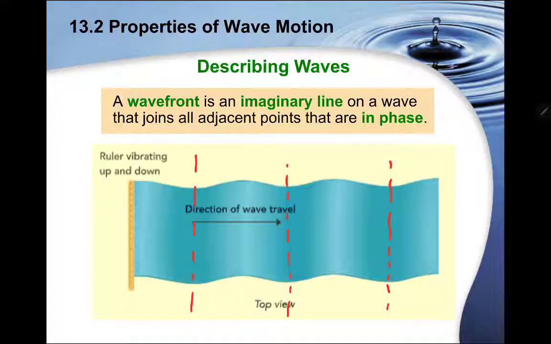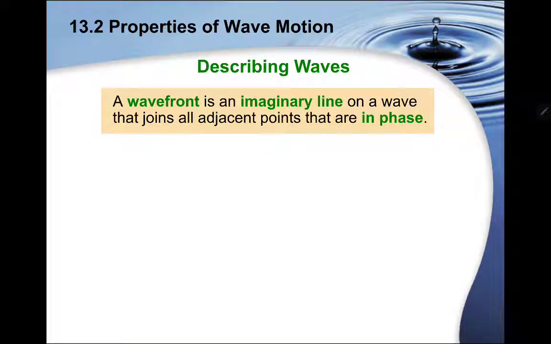So wavefronts don't have to be drawn at the crests, and they also don't have to be drawn at the troughs. They can be drawn anywhere as long as they are in phase. But most intuitively, we usually draw them at the crests and the troughs. And in real life, when ripples are created, you naturally see these lines, these ripples that are basically like the wavefronts.